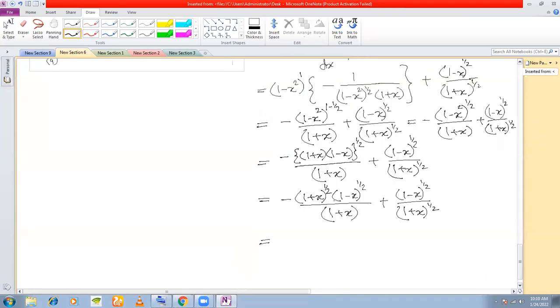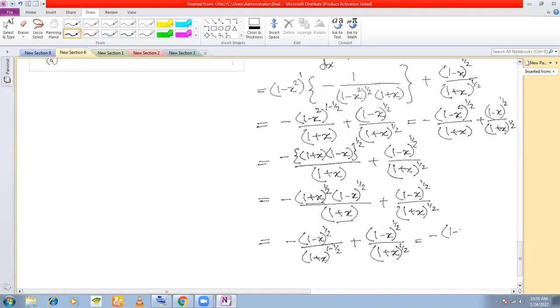So now what do you have? You have 1 plus x here and you have here. That means you can write this as 1 minus x to the power of half divided by 1 plus x to the power of 1 minus half, right? Because you have 1 plus x to the power of half in the numerator, plus 1 minus x to the power of half divided by 1 plus x to the power of half. So what are you getting here?